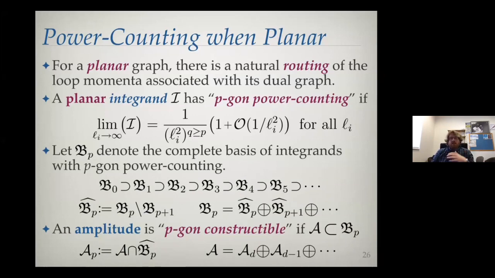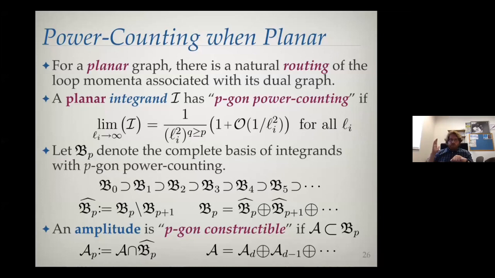So for example, I can talk without any ambiguity about the four-gon power counting part, or the box power counting part, of the standard model in the planar limit. As we'll see, in the non-planar case, it becomes much more subtle. But in the planar limit, where all of this is very well defined, it's completely unambiguous to talk about the box power counting part of the standard model, or the triangle power counting part of the standard model. And you can fix these things in pieces.